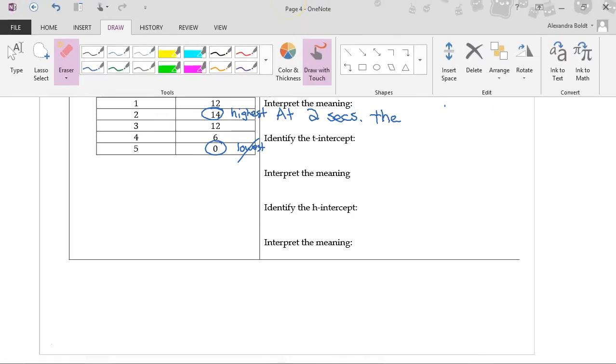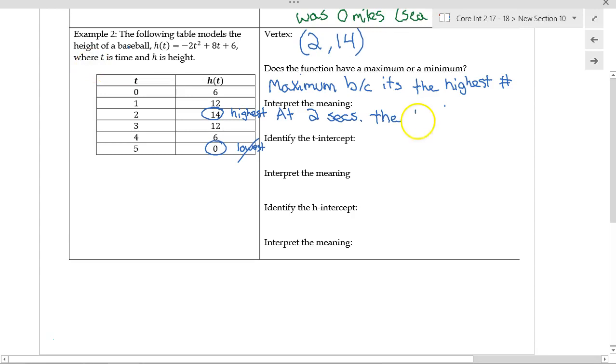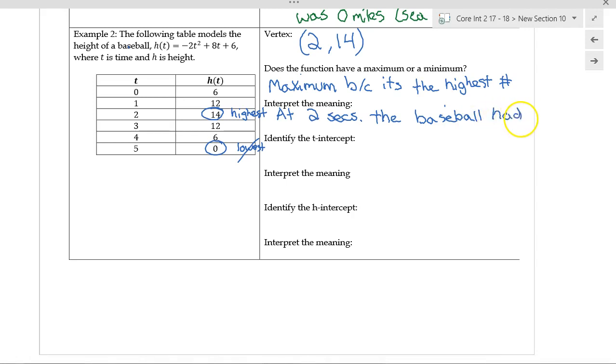The baseball had max height. That's the other thing that needs to be in it. Is it max or min? Highest or lowest is fine too. A max height of 14 feet.